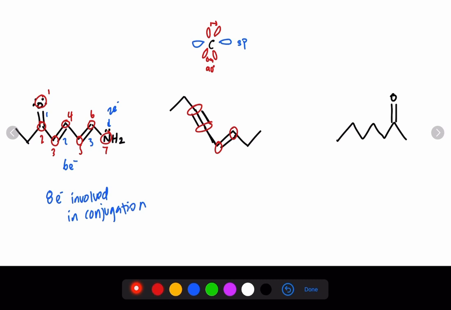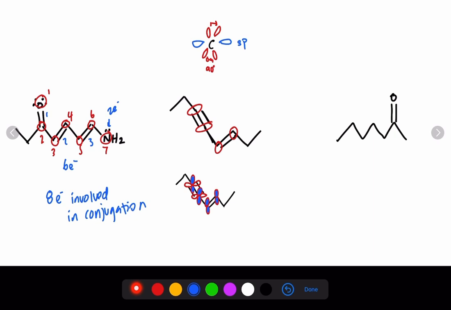I can draw what that looks like on this molecule. So on these sp carbons, I'm just going to draw the p orbitals. Only the following p orbitals that I'm shading in blue are adjacent to one another. Looking at this molecule, we do have 4 atoms involved in conjugation.